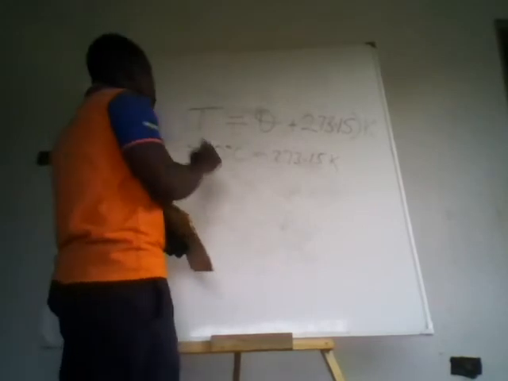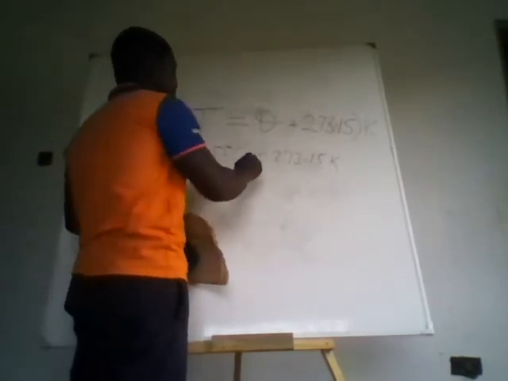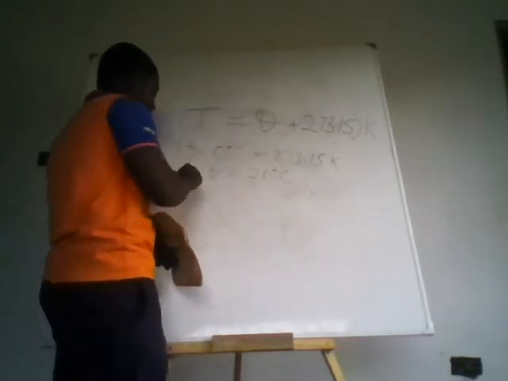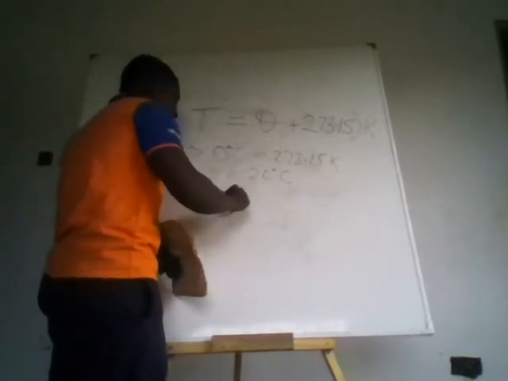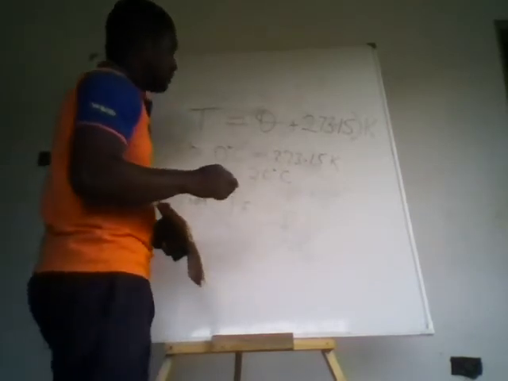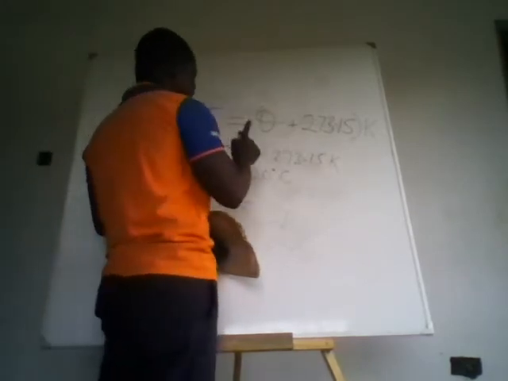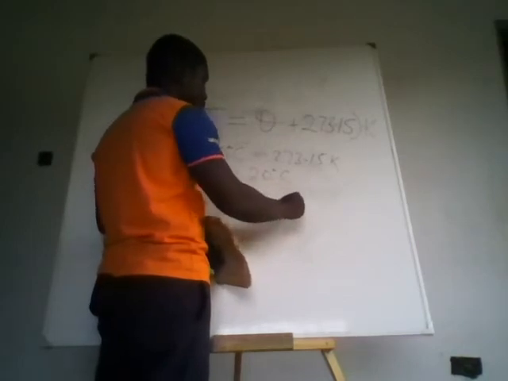So assuming we are given theta is, let's say, 20 degrees Celsius, then our temperature in the Kelvin scale is equal to theta, which is 20 degrees Celsius.